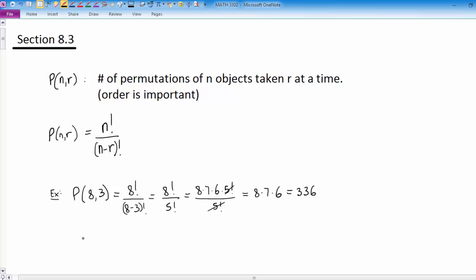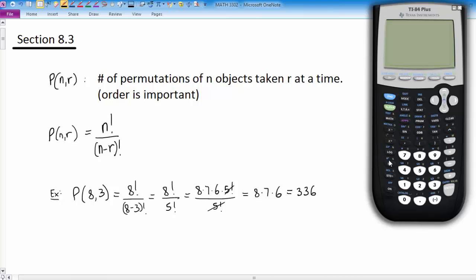If you use a calculator, a TI-84, you can also get that number very easily. If you press the button Math, and then across the top you go to PRB, that's probability. So these are probability theory functions. And you go to number 2, nPr.